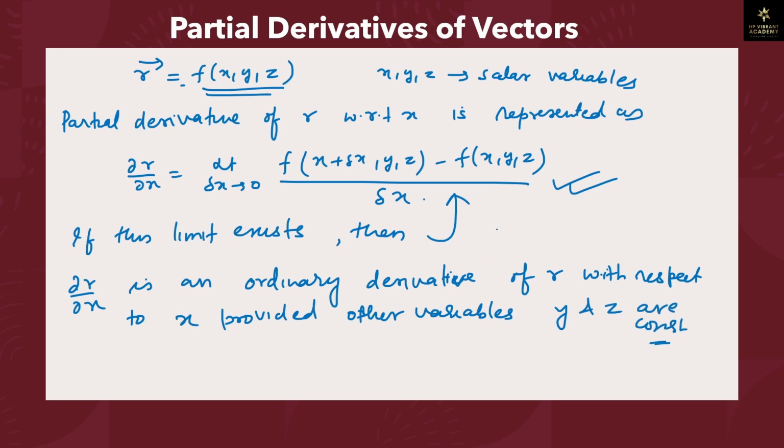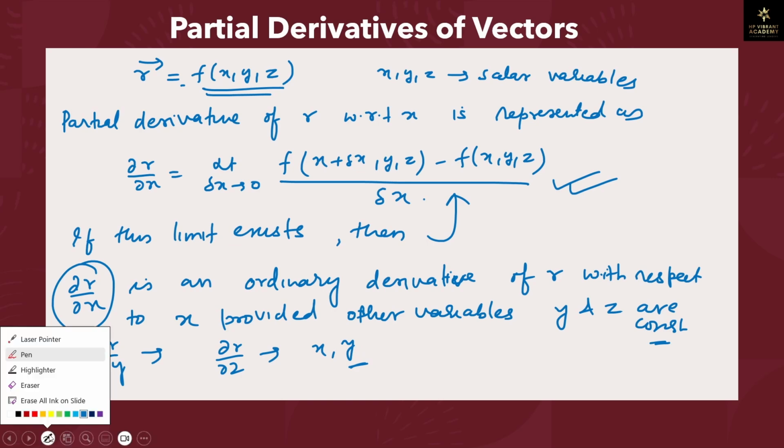For finding the partial derivative of r with respect to x, we differentiate r just like an ordinary derivative, keeping y and z constant. Del r upon del y: we differentiate r with respect to y, keeping x and z constant, and del r upon del z: we differentiate r with respect to z, keeping x and y constant. This is all about the partial derivative of a vector.